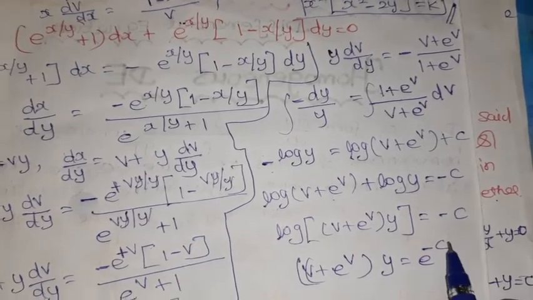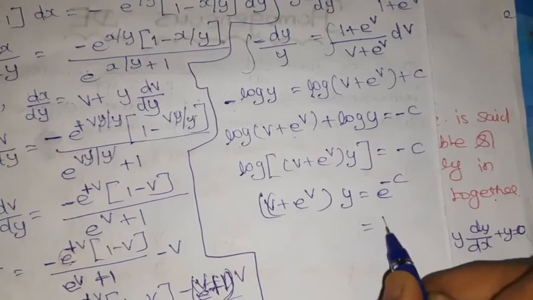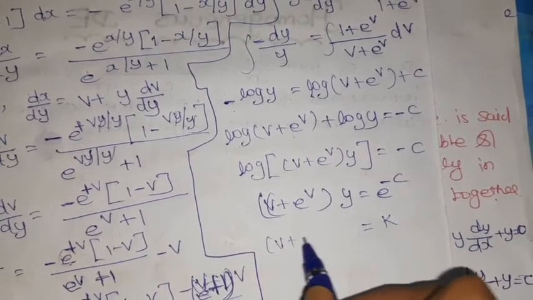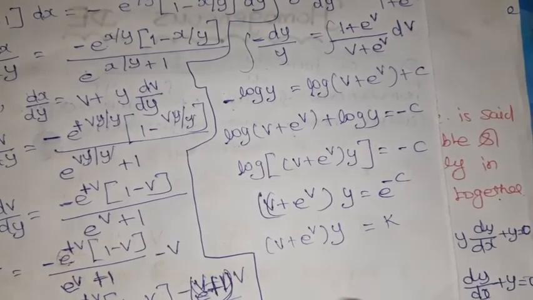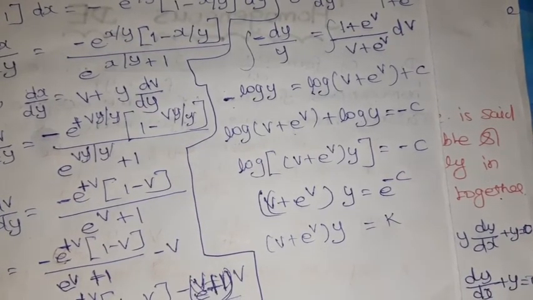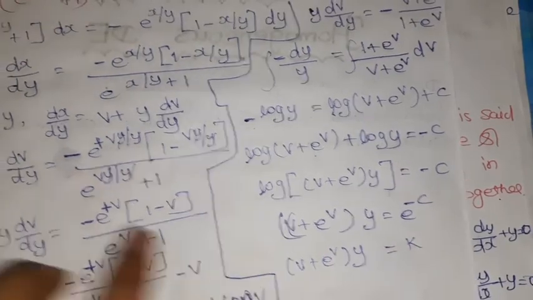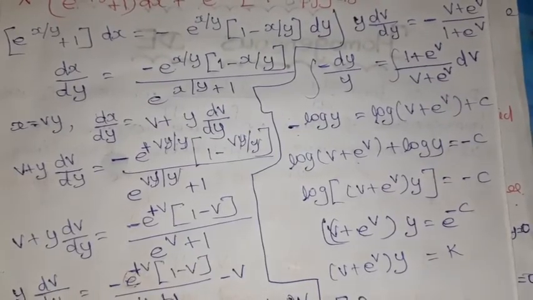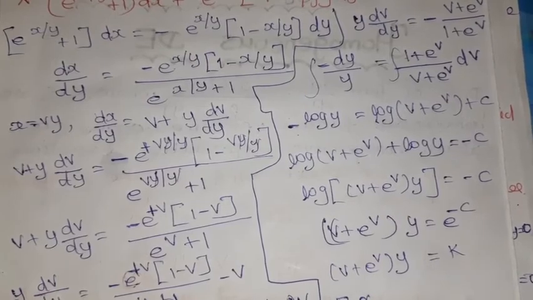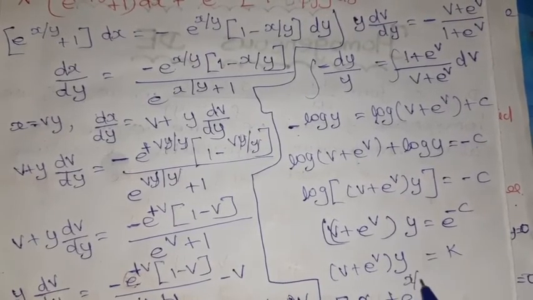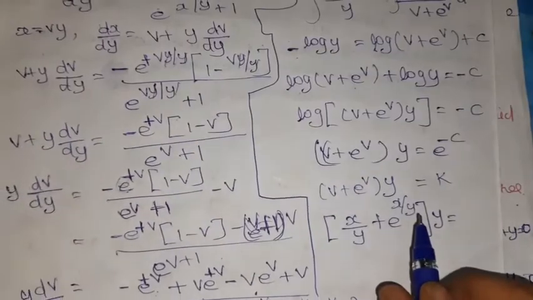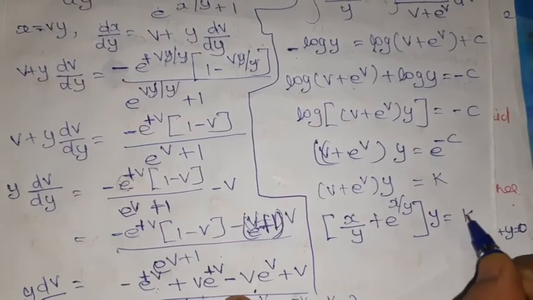Let it also be a constant, let it be k. Say k equals e power minus c. By integrating on both sides we can derive one solution, and don't forget to substitute for v. What is this? x equals vy. Then v is nothing but x by y. Substitute v to x by y, and e power x by y, the whole multiplied by y equals k.